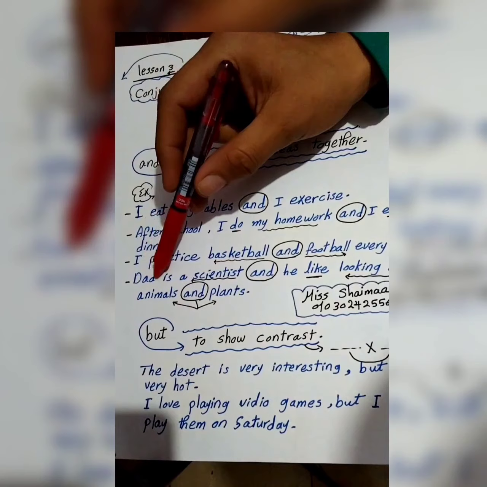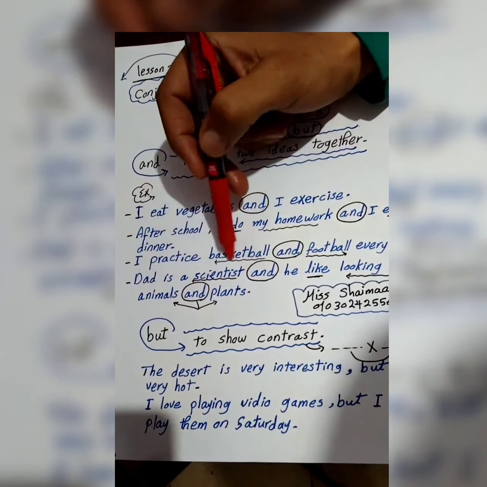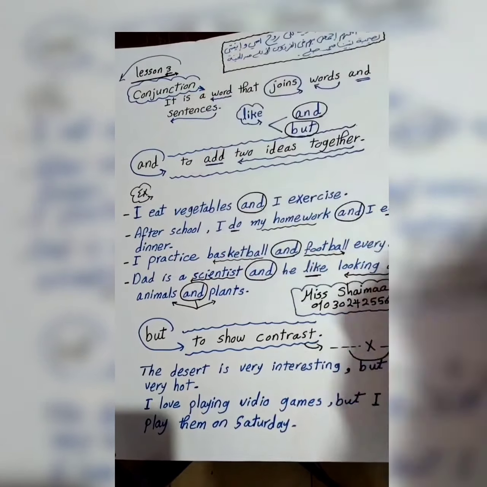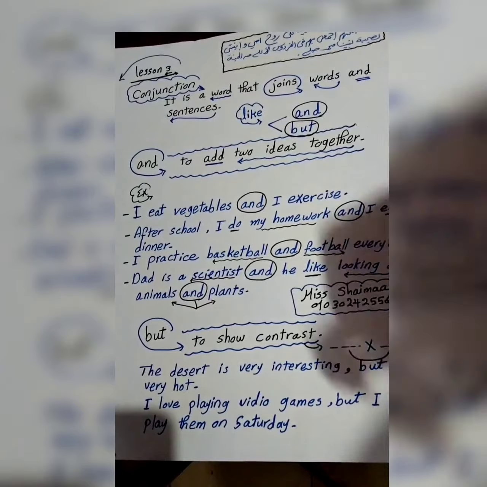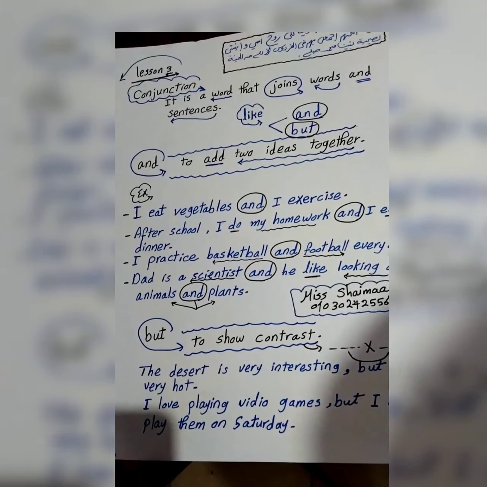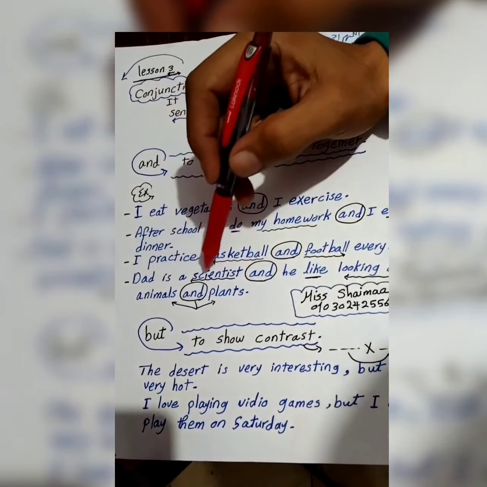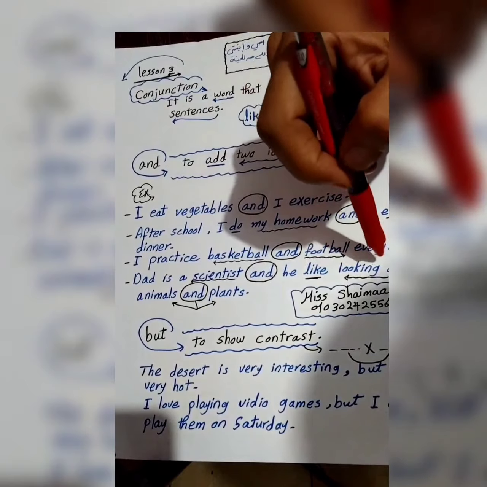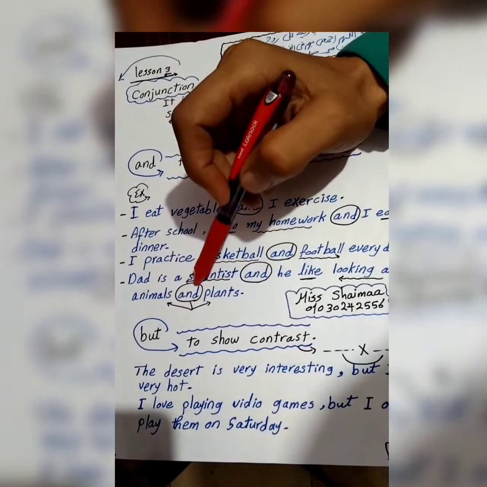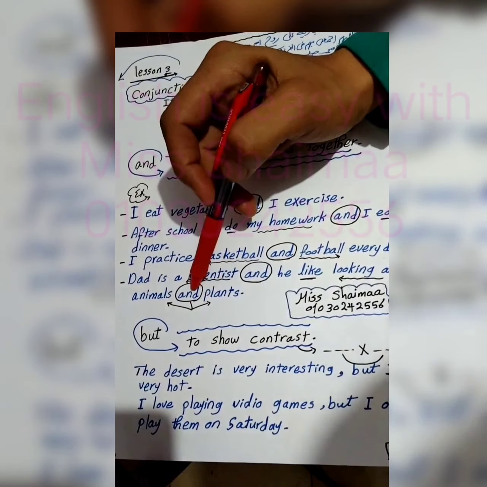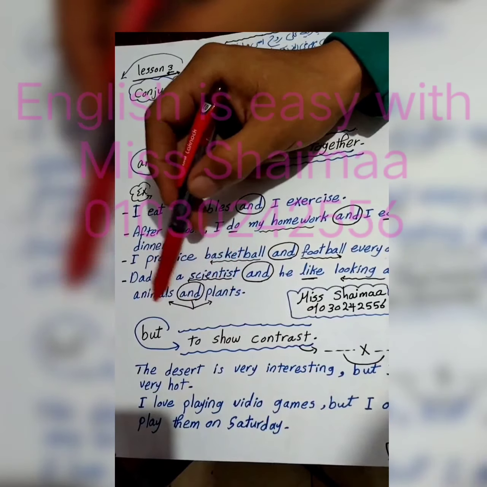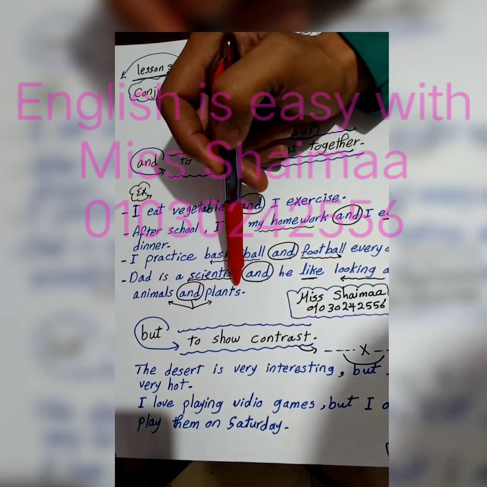Dad is a scientist, it's a sentence. He likes looking at animals and plants, it's another. To join between this and this, we can use the word and. Here and again, to join between two ideas or two words, animals and plants.